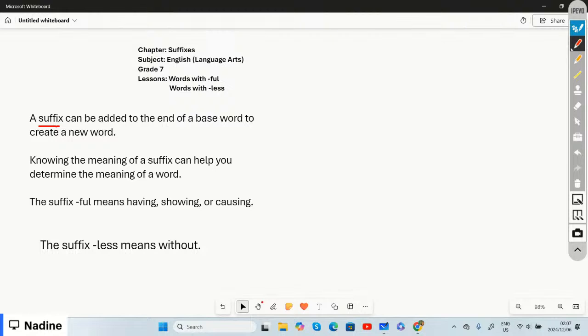A base word is a word that can stand on its own. You can either add a prefix to that word, which is in front, or you can add a suffix, which is added at the end of that base word, and then, like we said, it creates a new word or a new meaning to that word.